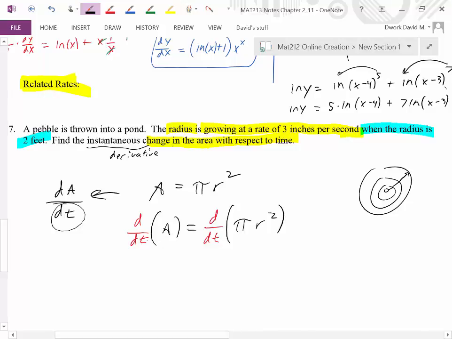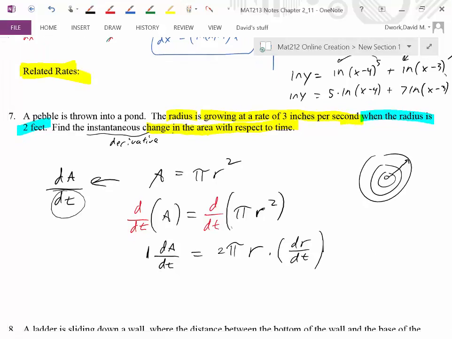The derivative of A with respect to t, well, the derivative of A is 1, and then the derivative of the variable would be dA/dt, which is equal to, very similar over here, the implicit differentiation says my variable is r, which is changing over time. So how do I do the derivative of a variable squared? I bring that 2 out to the front, leave the junk alone, then times, what's the derivative of r? Well, that would be dr/dt.